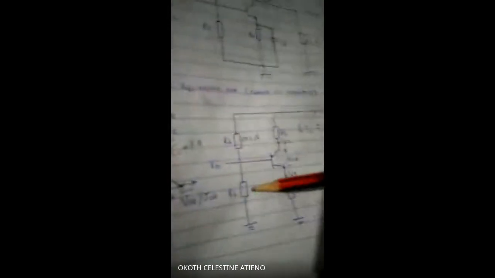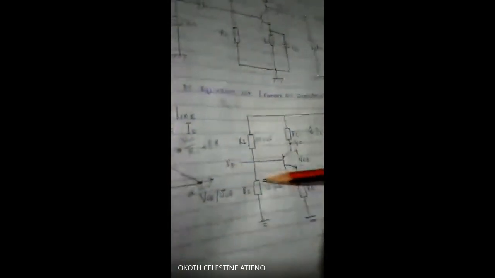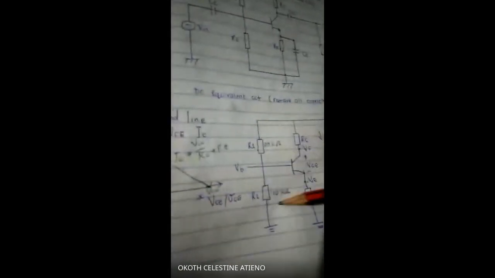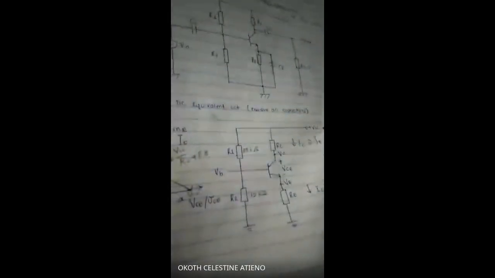So to get VB, we're going to use voltage divider theory. Voltage divider theory says that the resistor near the ground, R2 over R1 plus R2, times VCC. Our VCC was 15, actually it wasn't 30. So R2 over R1 plus R2 times 15 gives you your VB.